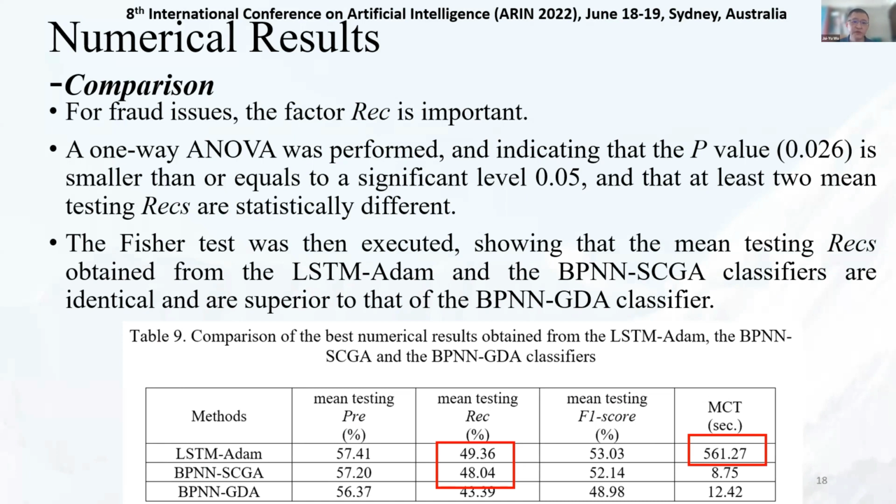Therefore, the future test was then executed, showing that the mean recalls obtained from the LSTM-Adam and the BPNN-SCGA are identical and are superior to that of BPNN-SGDA classifiers. Also, the LSTM-Adam took more computational time.